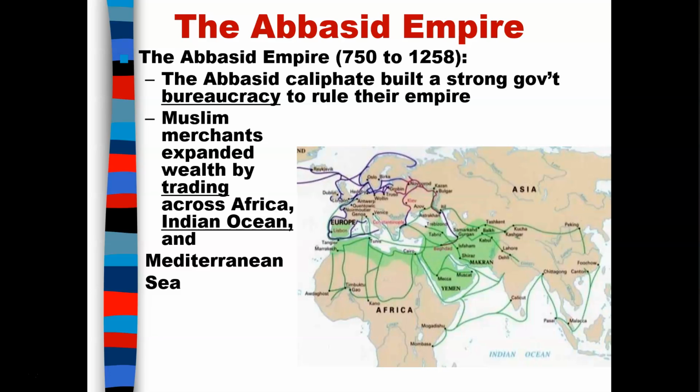Muslim merchants expanded wealth by trading across Africa, the Indian Ocean, and also the Mediterranean Sea. Remember that trade usually accompanied a whole bunch of ideas from different parts of the world. And this obviously led to the expansion of Islam and their core belief system.